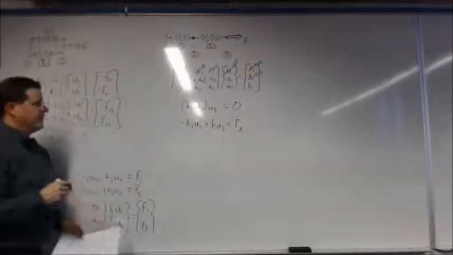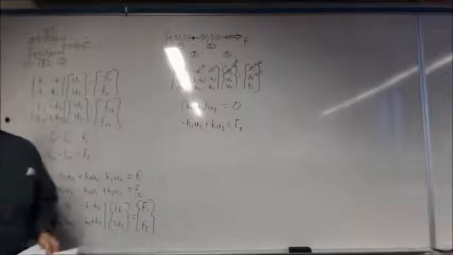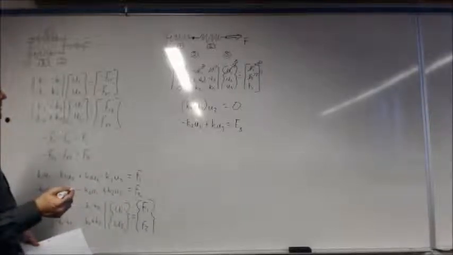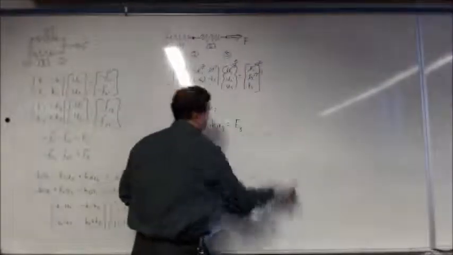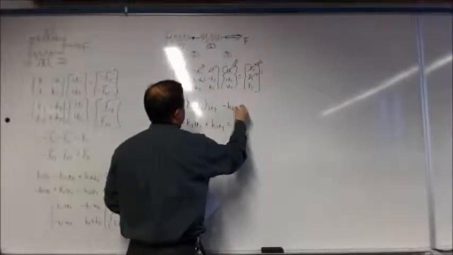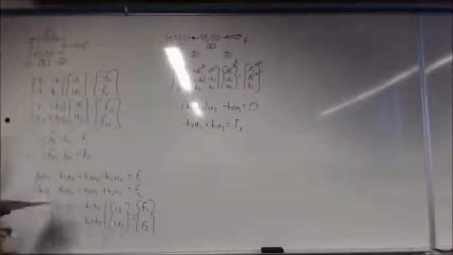So that's our final equation, and all we need now are spring constants and the force. I'm missing a term. K2 U3 here equals 0. There we go. Now we got it right.